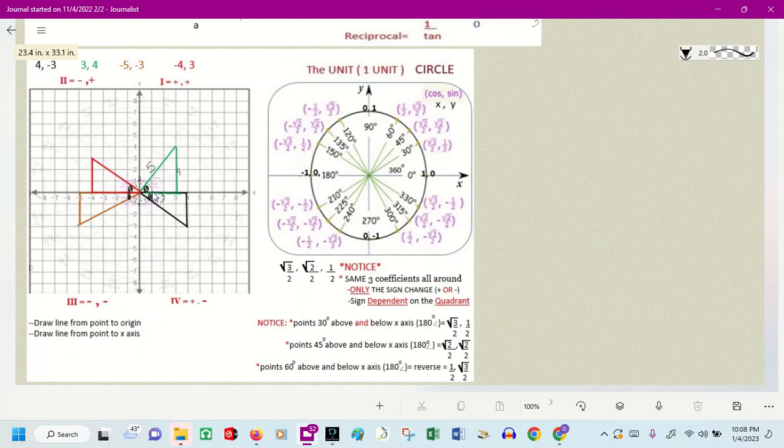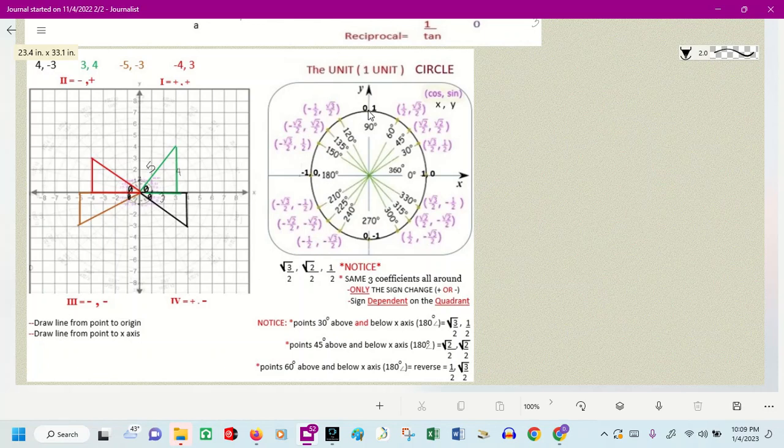And 1 unit to the right is 1 for x and 0 for y, because you're on the x-axis. That's these 4 points right here. Okay? That's these 4 points.